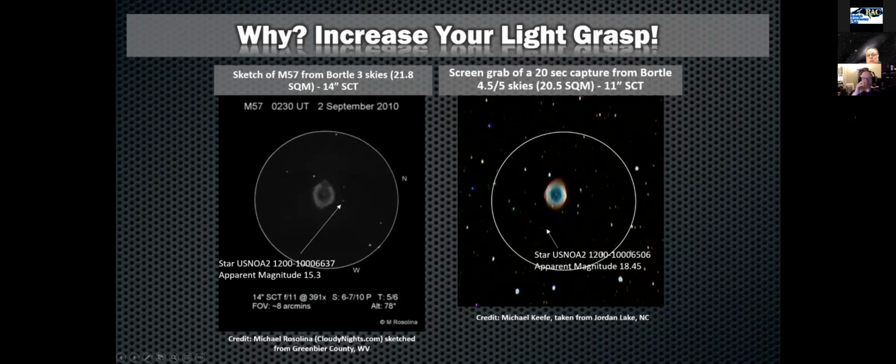So that's almost 3 magnitudes difference in what you can see. Obviously, in EAA, you get a little color as well. So given the fact that you've got a bigger telescope and darker skies, yet you can see tremendously more using this view than what you can visually. So definitely a way to increase your light grasp.